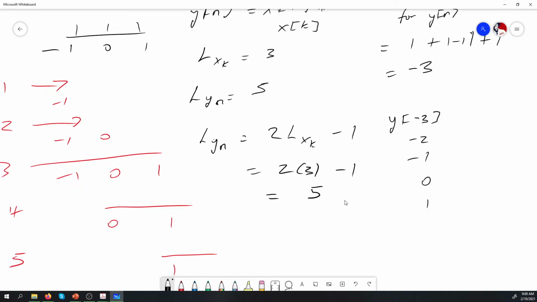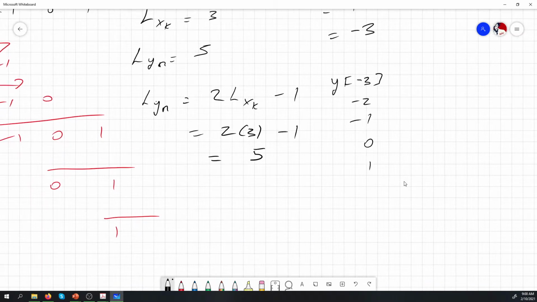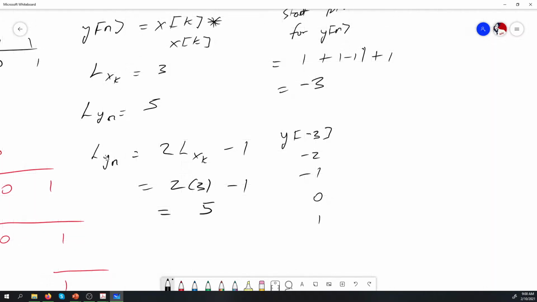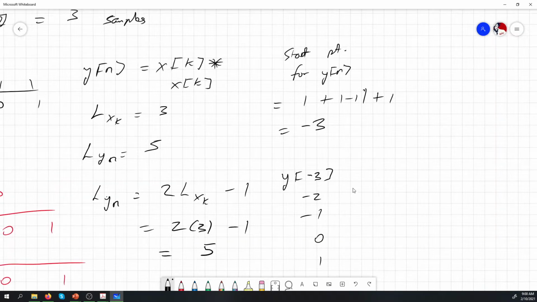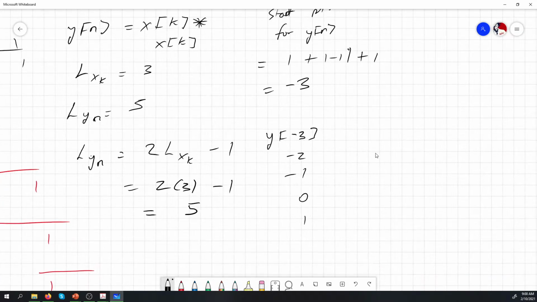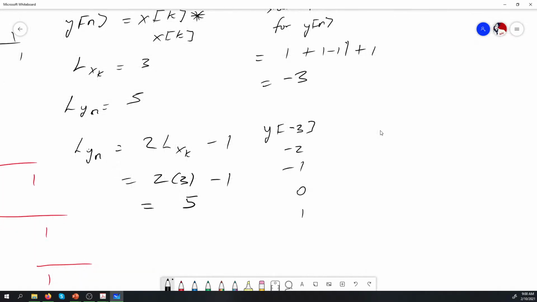So how do we make sure that we can calculate our final length here? Sorry, our final index here is going to be at positive 1. Knowing that we have the length of y of n and we have the start point for y of n here in particular, we need to figure out what's going to be our equation to map these two to get to the final point of y of n, right?